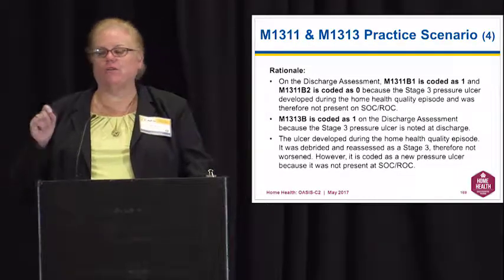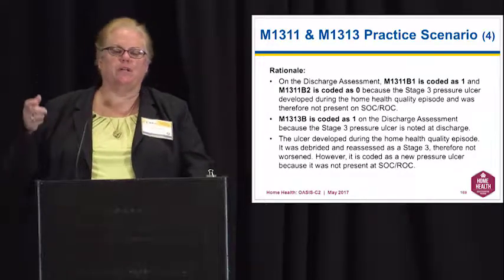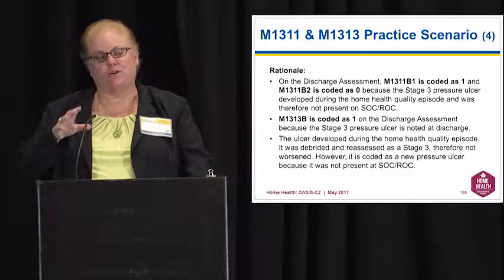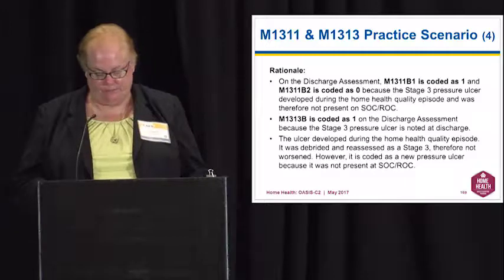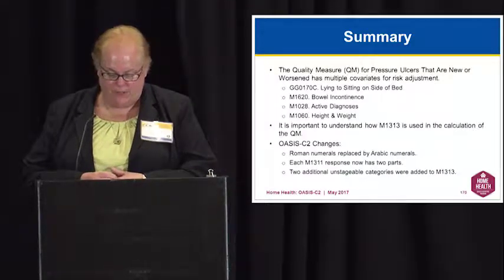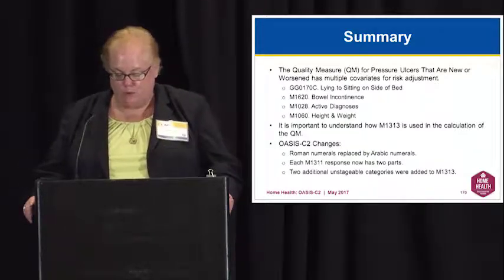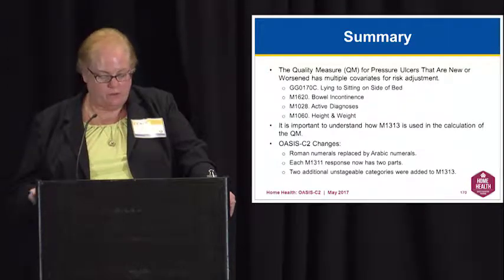So it was put in here a little confusing. We had it become covered with eschar, we debrided it, it stayed at the same stage, but because it wasn't present at the start of care, it's considered, again, that word new or worsened. So the quality measure for pressure ulcers that are new or worsened has multiple covariates for risk adjustment, and they're written here, and you're going to learn all about those tomorrow.